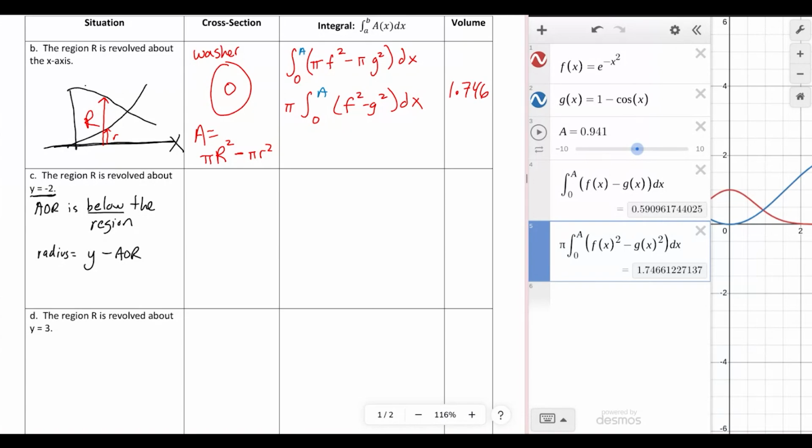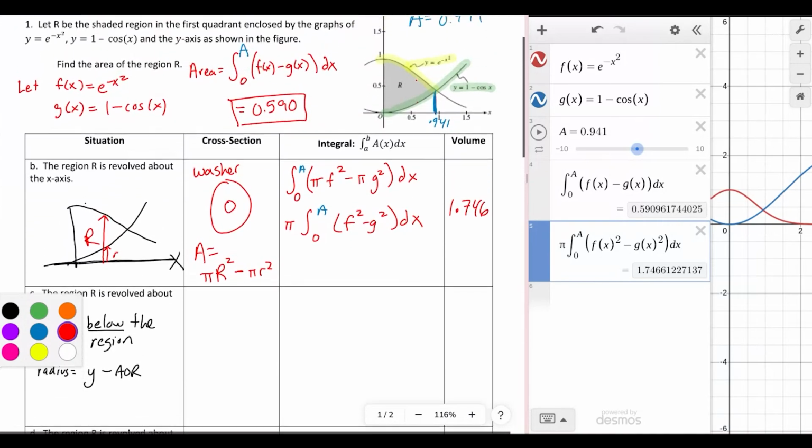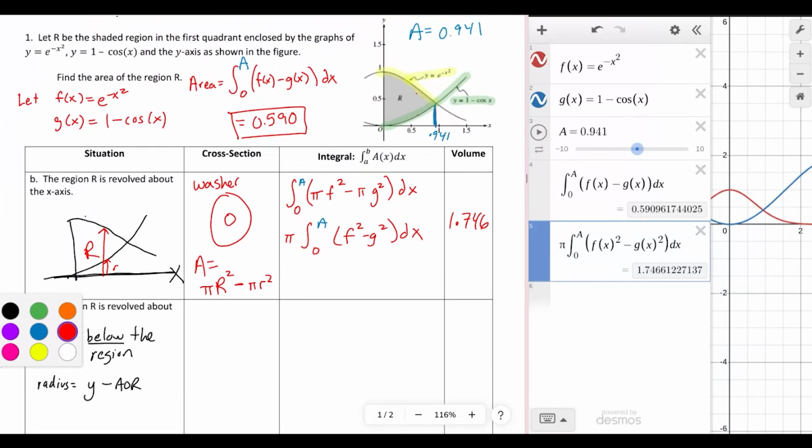All right, now we're still going to have a situation where we have a washer. As we revolve around y equals -2, which is down here, the lower function is still our inside, the smaller radius, and the outside function is still the bigger radius, in terms of that function.